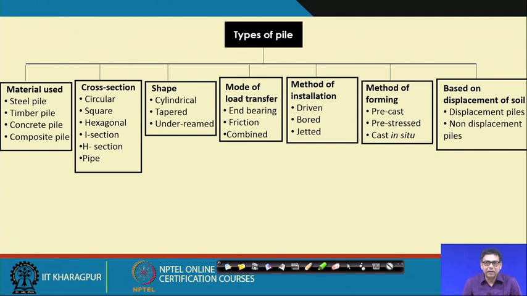Pile displacement means when you are installing piles, whether the surrounding soil is displaced or not. So, based on that, a pile can be of two types, either displacement piles or non-displacement piles. Okay. So, these are all the broad classifications of piles, or different types of piles.